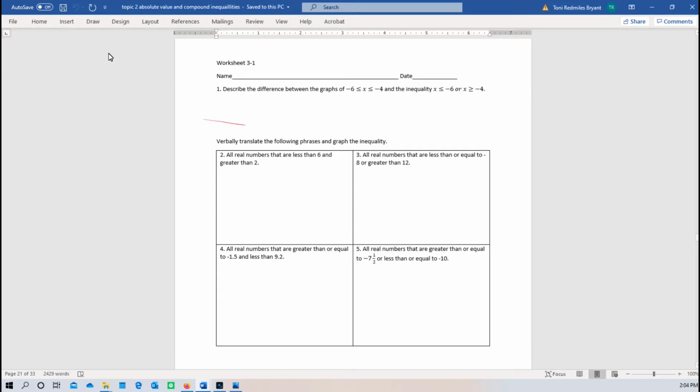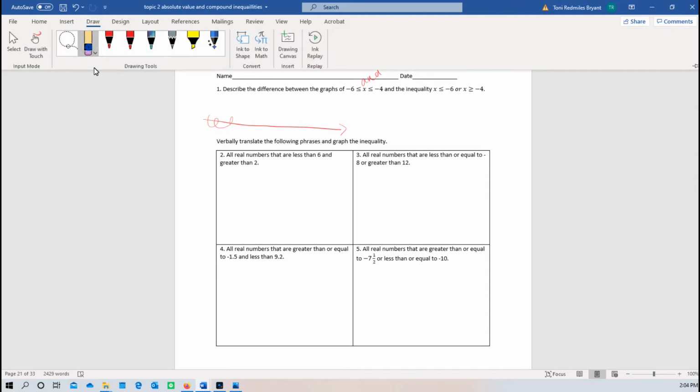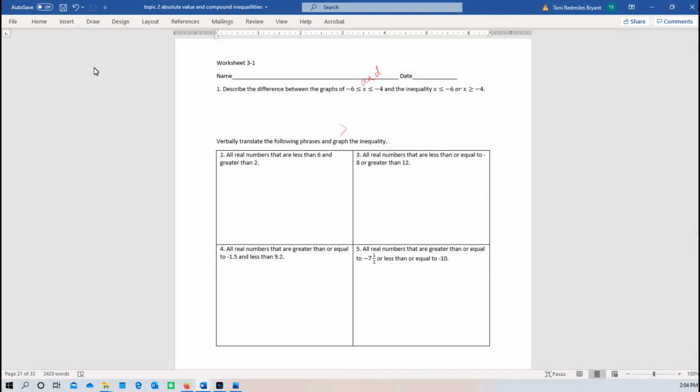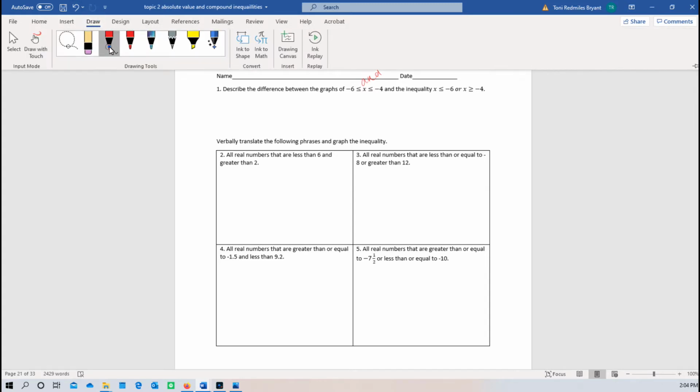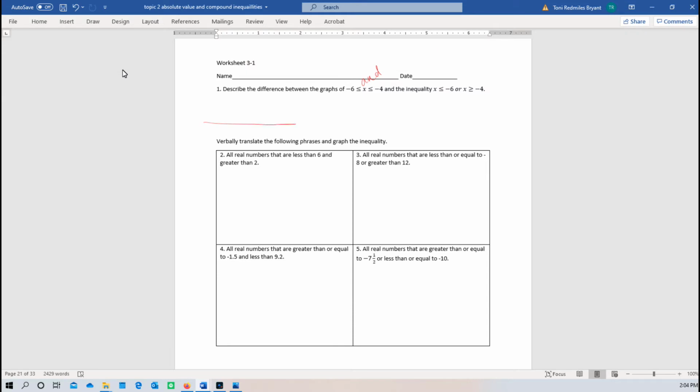So in this first condition, I have an and compound inequality, and it's basically telling me I have to fulfill both of those things. X has to be greater than -6, and it has to be less than or equal to -4. So let's go ahead and put our numbers on: -1, -2, -3, -4, -5, -6.